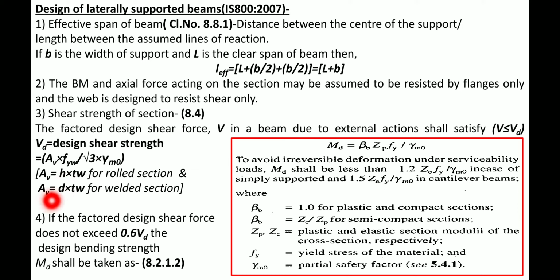If we are going to find the shear area for a welded section, then we take the effective depth of the I section into the thickness of the web.